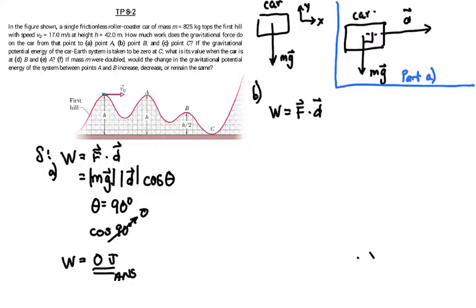Now, if we're only taking displacement in the y direction into consideration, then we have the magnitude of our weight force, mg, times our displacement, which is h over 2, times the cosine of the angle between our vectors. And like I said, we're only looking in the y direction.